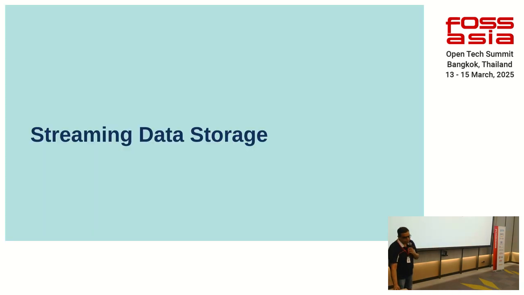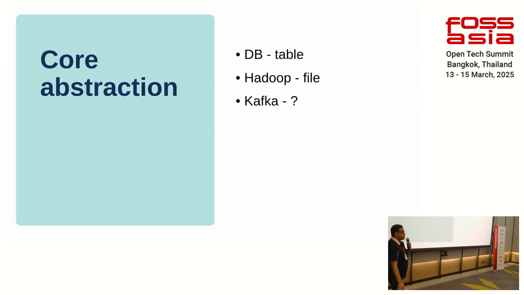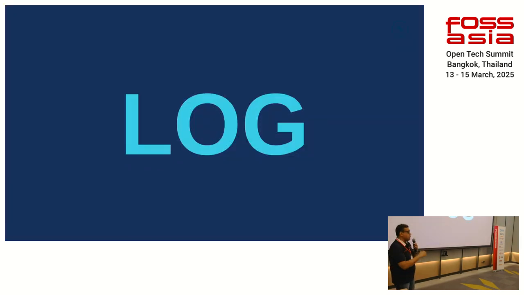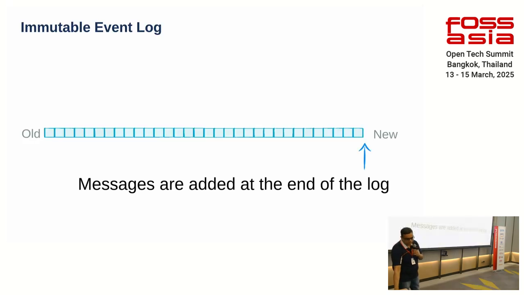So, a quick refresher on Kafka. It's a streaming storage system analogous to a database where the abstraction is a table, analogous to Hadoop where the abstraction is a file. For Kafka, the abstraction is a log file. A file on your disk, which is a distributed commit log, completely immutable, and every single message gets added at the end of the file.